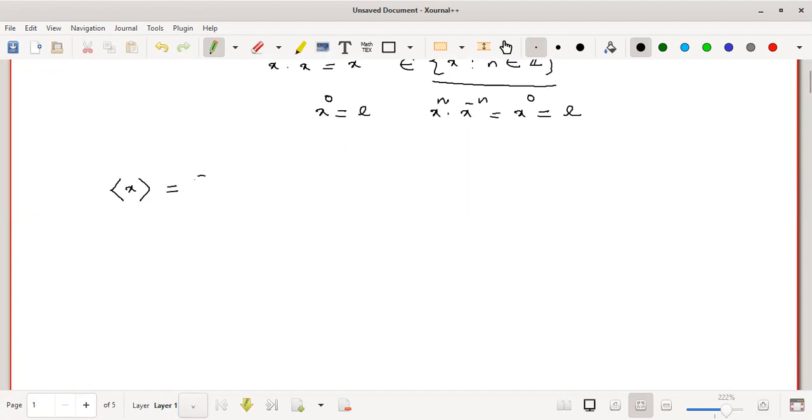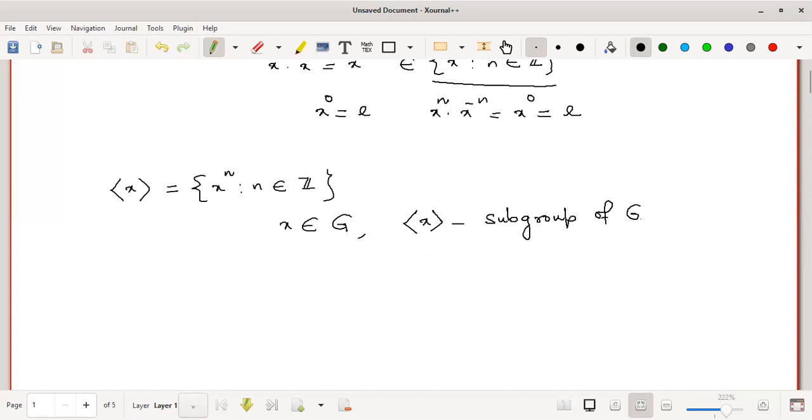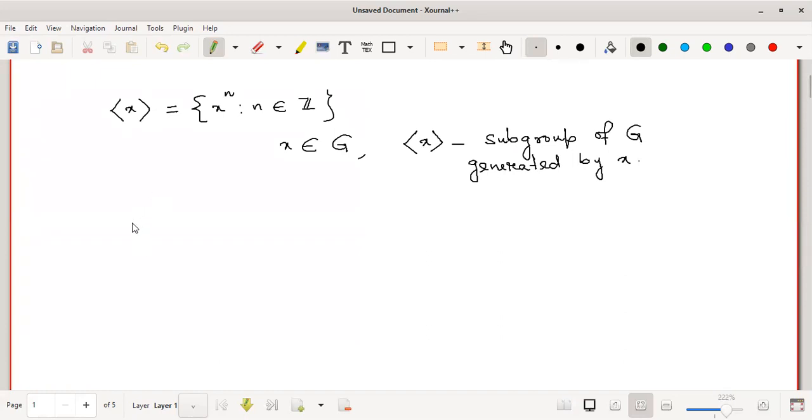That means this is the set which contains all elements of the form x to the power n, n belongs to Z. So in particular, if you choose any element x from a group G, then the set generated by x is a subgroup of G and it is called the subgroup of G generated by x.